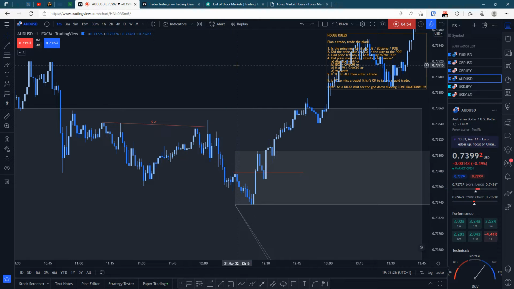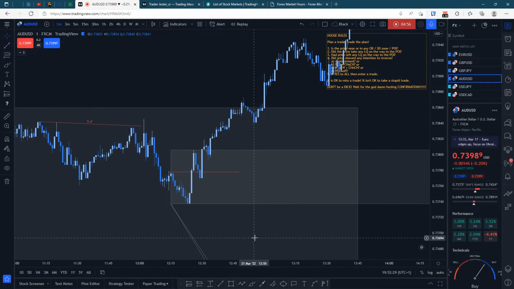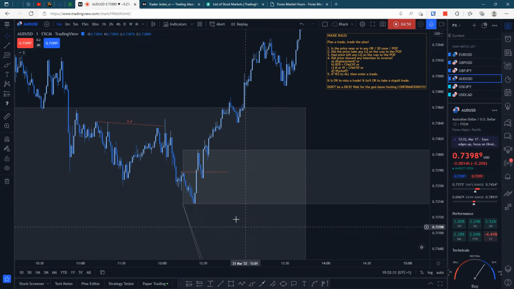And then if we look here at what the price did, we have a 3-step down move, each one pulling some more liquidity, and 3 bullish candles, a big displacement in price, breaking this lower high.